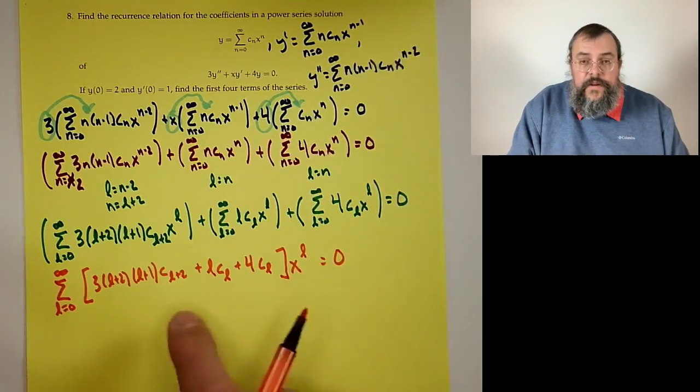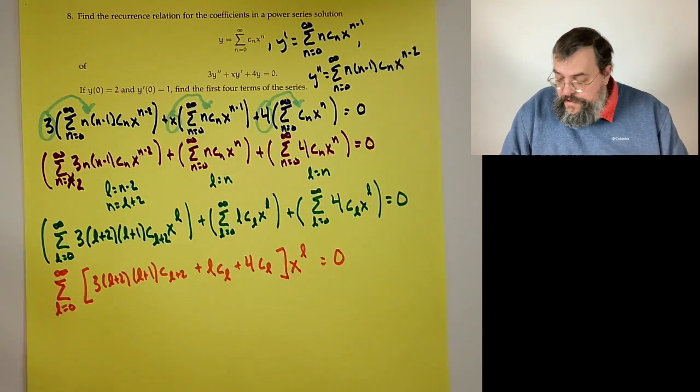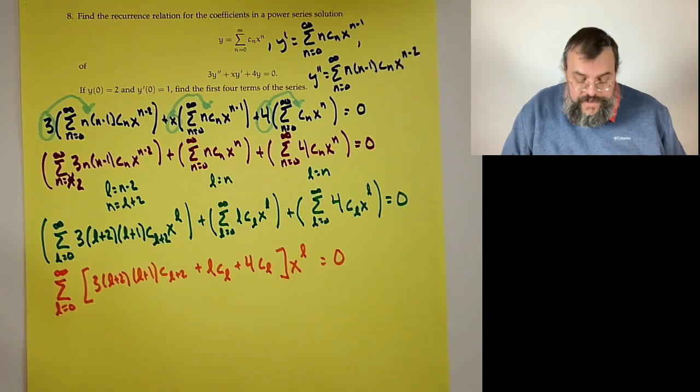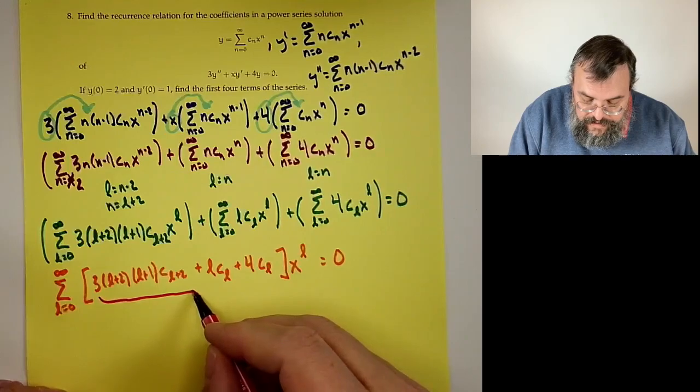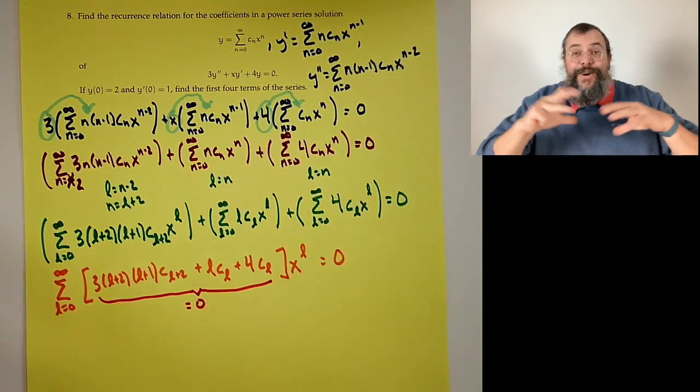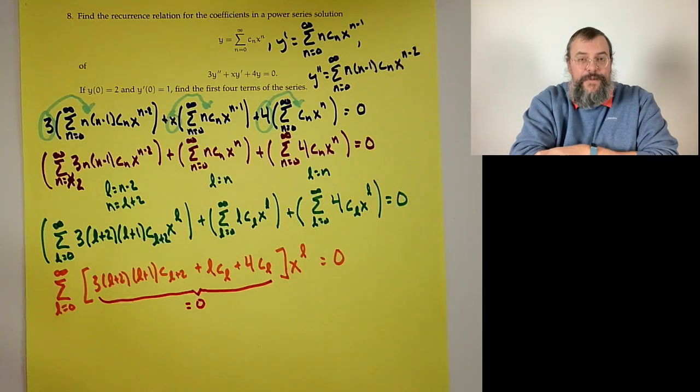Well, thinking of these as polynomials, they're two equal polynomials. The only way two polynomials can be equal is if their coefficients are equal, which means that this expression has to equal 0. And that's the whole crux of this approach.